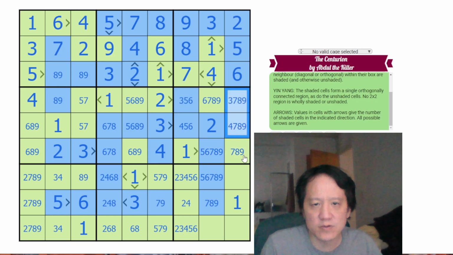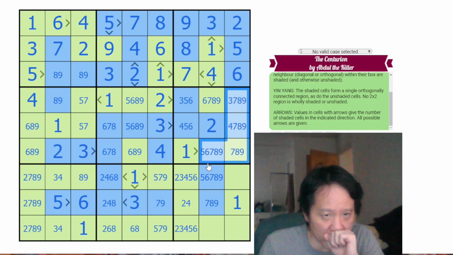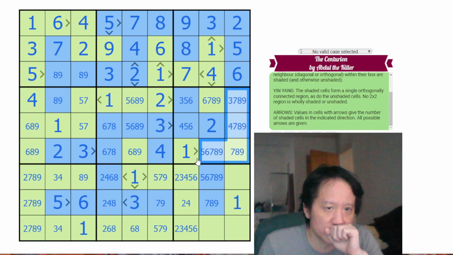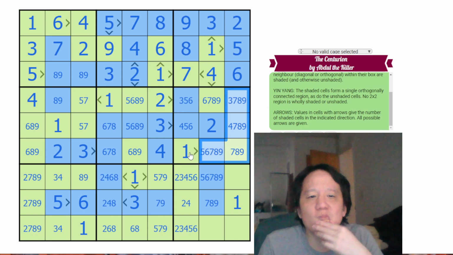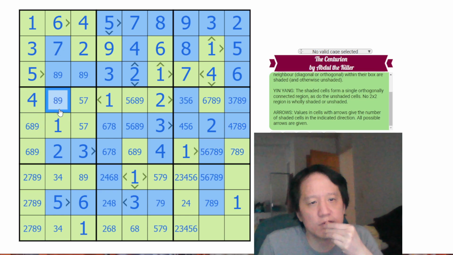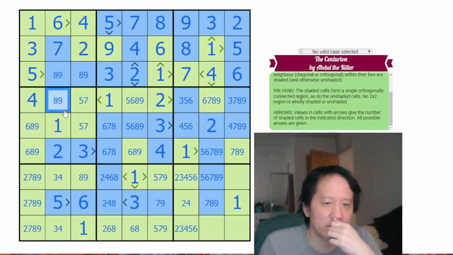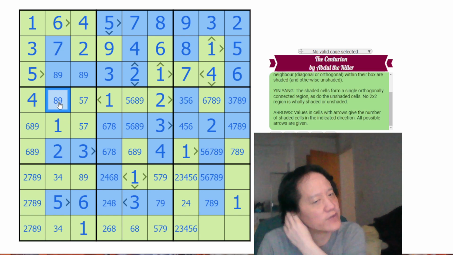Let's add 7s around. 8s and 9s. Why this can't be 7? It cannot be 4. Yeah, that's valid.